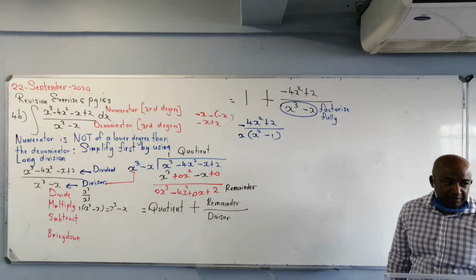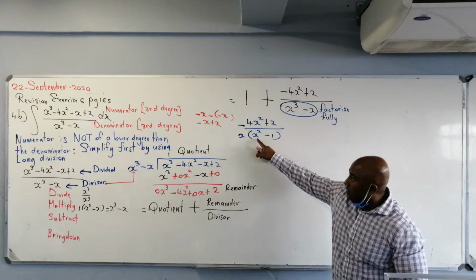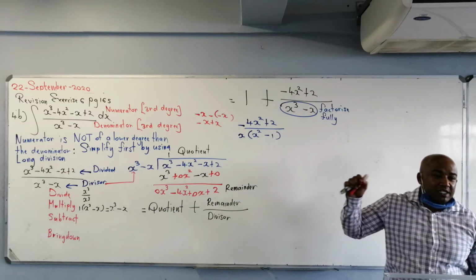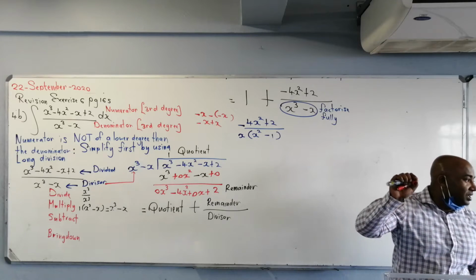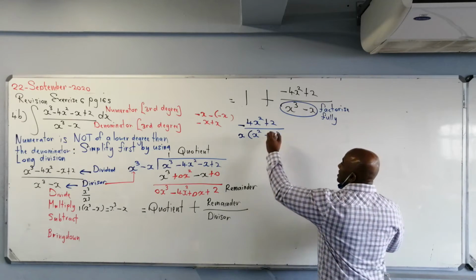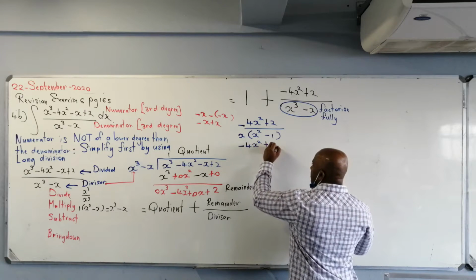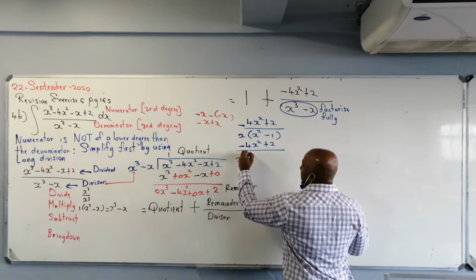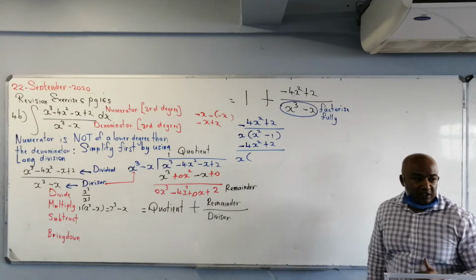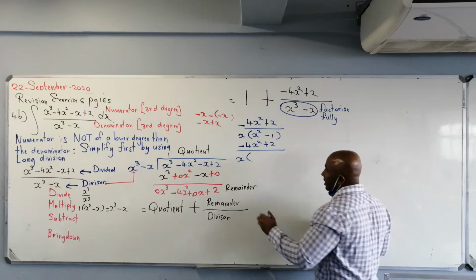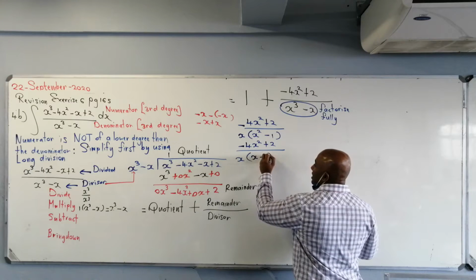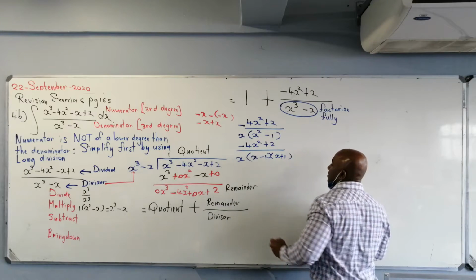Can you see that? Now, this is a quadratic, but it can be factorized. That means you must factorize it. So this is still equal to minus 4x squared plus 2 over x. This gives the difference of 2 squares. So that will be x minus 1, x plus 1.